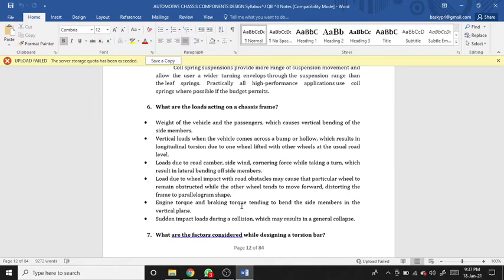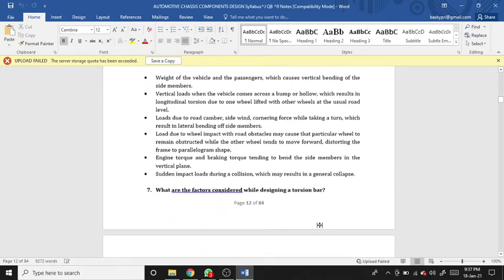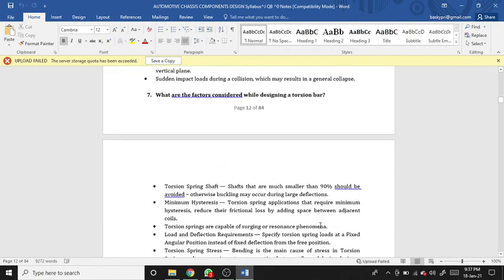Next, what are the factors considered while designing a torsion bar? The torsion bar also comes under the category of suspension system. In that, we are going to see one by one.